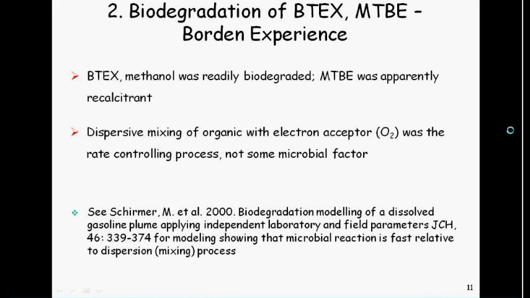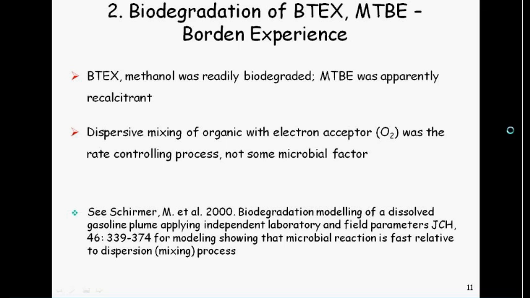And to emphasize that, Mario Schirmer did some modeling with various rates of biodegradation to see what he could do to match what you see in the plume. That is 500-day persistent, but things going down.